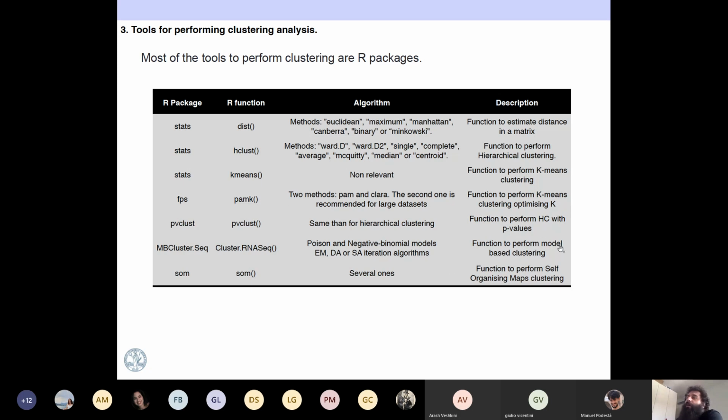And then if you want to run model-based clustering, you can use MBCluster.Seq for RNA-seq. Another model is the self-organizing map, and you can use the som package. I would say that I never saw this used, so the most common one for model-based clustering will be MBCluster.Seq.